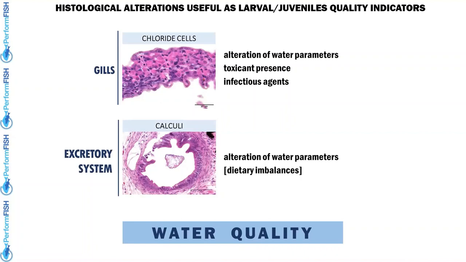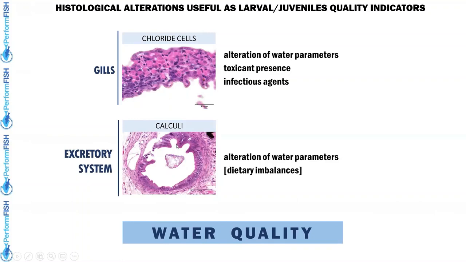The gill and the kidney are the two organs most susceptible to water quality. The hypertrophy and hyperplasia of chloride cells may be related to toxicant presence, for example heavy metals or infectious agents also, but some parameters of the water can induce the hyperplasia and hypertrophy of this kind of cell, very important for the fish.